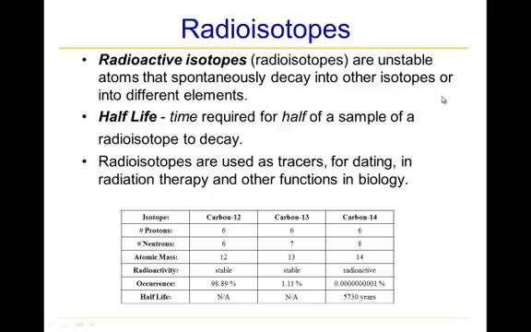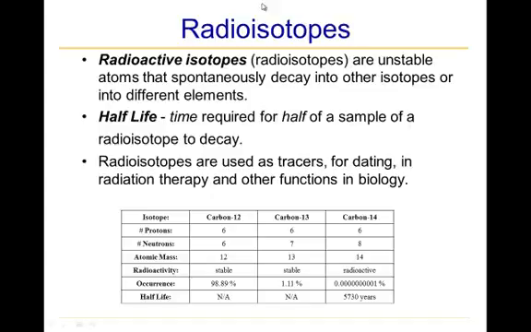Because they have such a large nucleus, it is unstable, and it spontaneously emits high energy particles, which is what radiation is. And if in the process of radioactive decay, losing this energy and this mass, you lose a proton, then radiation can cause one element to decay into another.